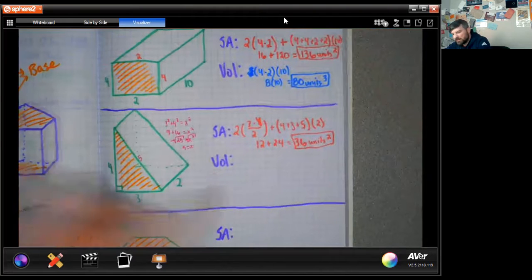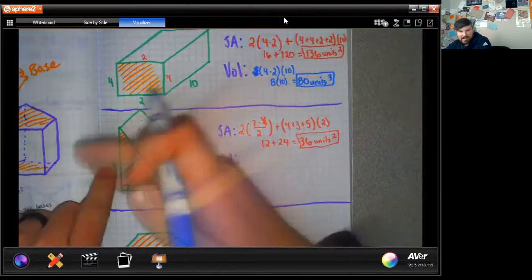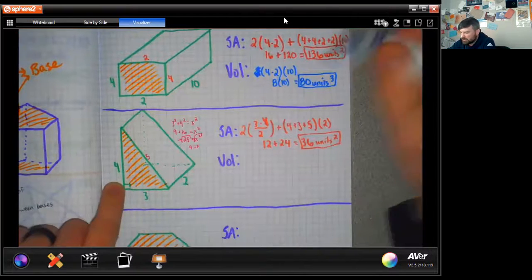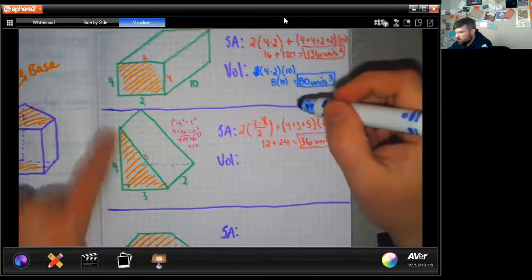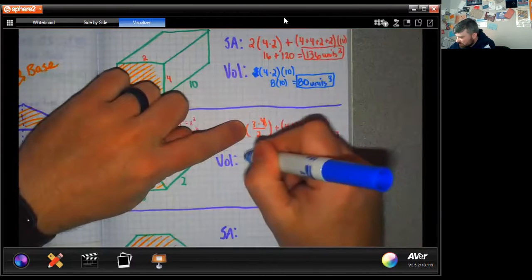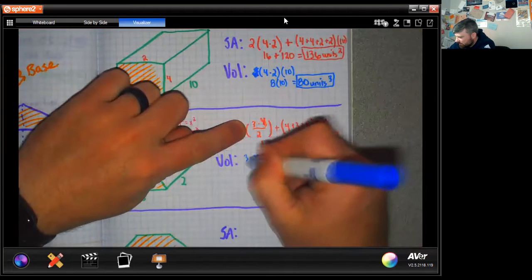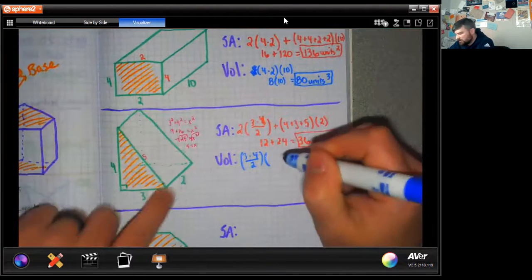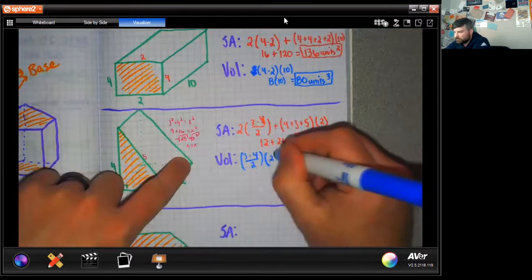Volume is how many of these triangles can I stack up to get this exact shape. So we're going to start with the area of this triangle, which cover this 2 up. That's the area. So 3 times 4 divided by 2 times how tall it is, 2.